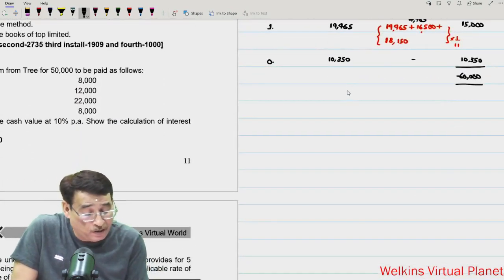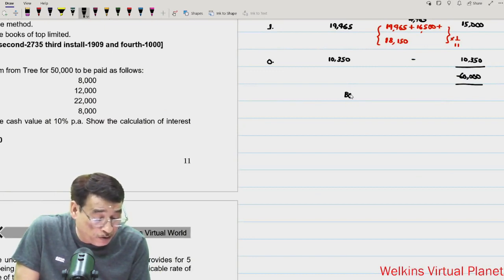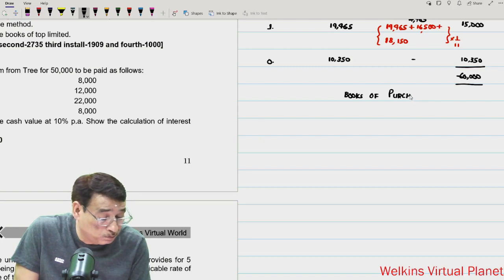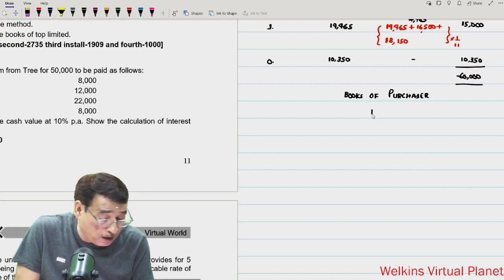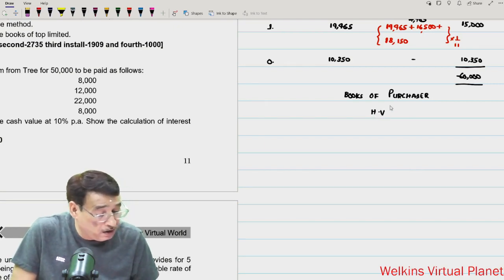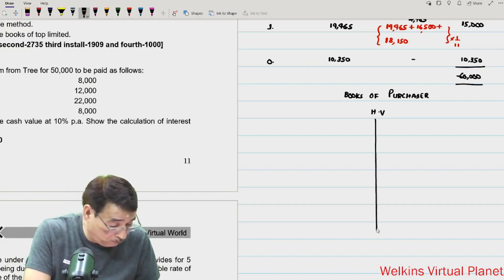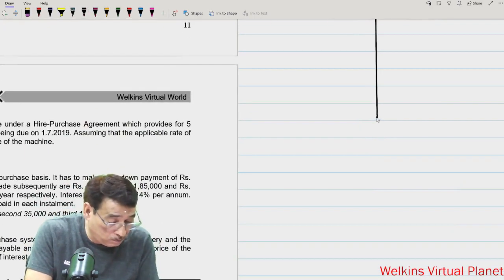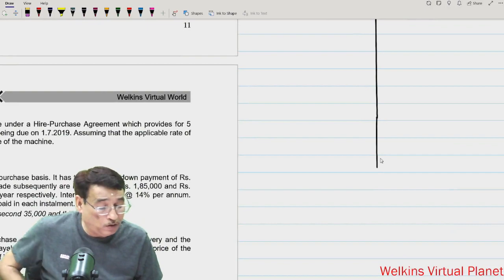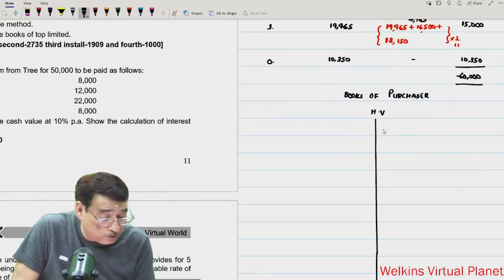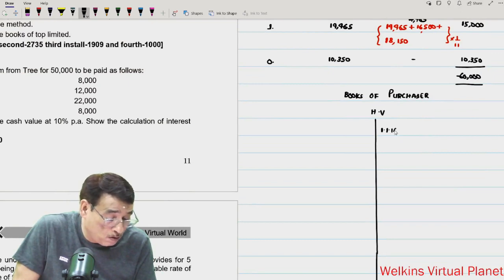Suppose if I am going to ask you in the books of purchaser how you are going to prepare the account. In the books of purchaser, you are going to prepare hire vendor account. And in the hire vendor account, first of all, you are going to write on 1/1/2018 by asset account, and this time the asset is taxi.